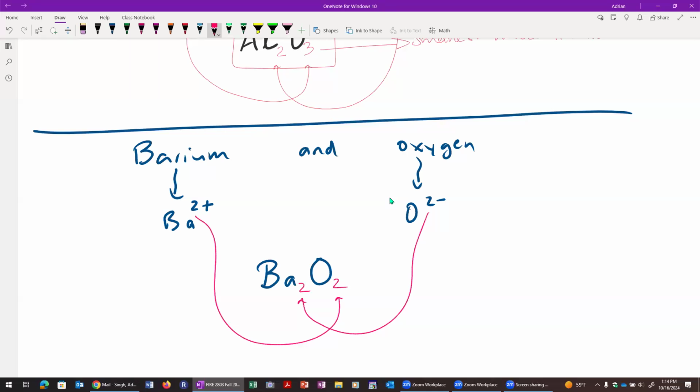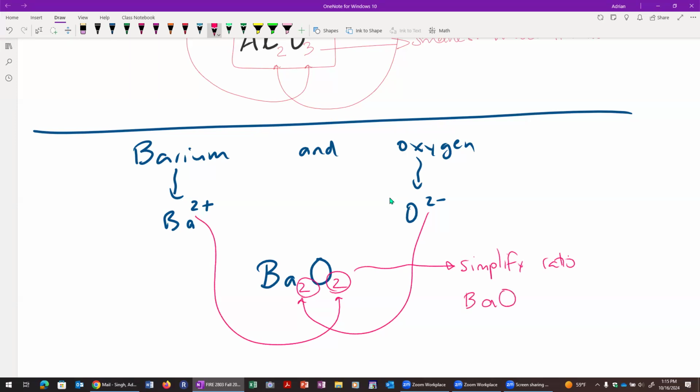Now, if you do your crisscross and you end up with whatever you get, what you want to try to do is simplify. For ionic compounds, you always want to simplify the ratio. All right, so in other words, can I simplify a 2 to 2 ratio? And the answer is yes. 2 to 2 is the same as 1 to 1. So this then becomes BaO.